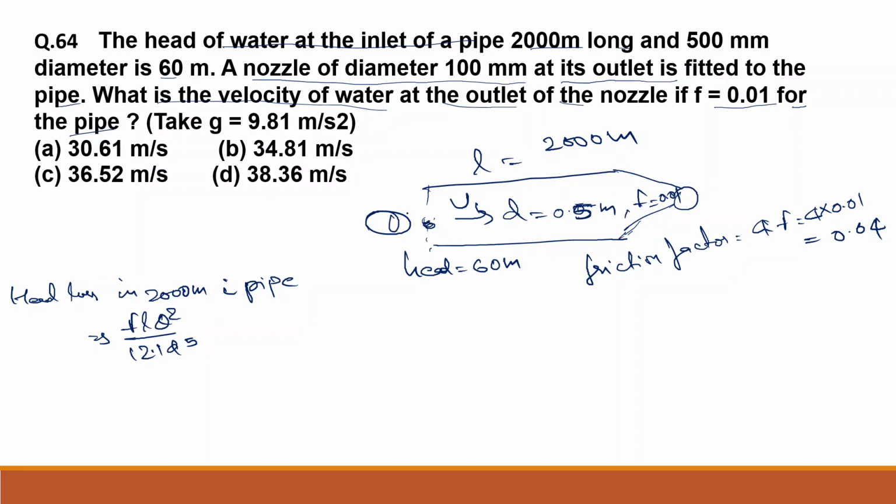Head loss is 60, and this side is the energy equation. We will take this side as energy equation number 2, equation 1 and equation 2.